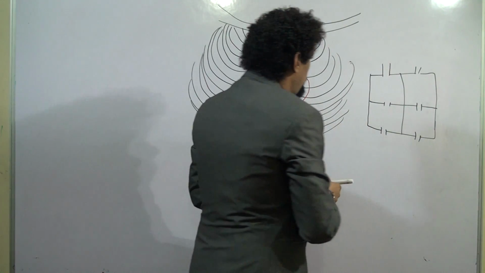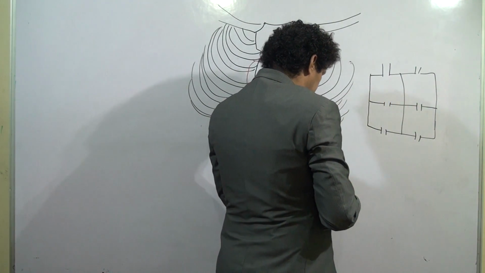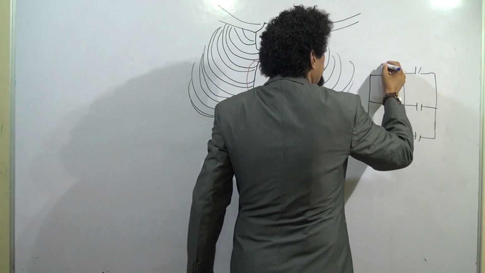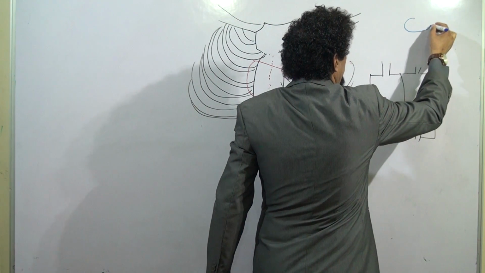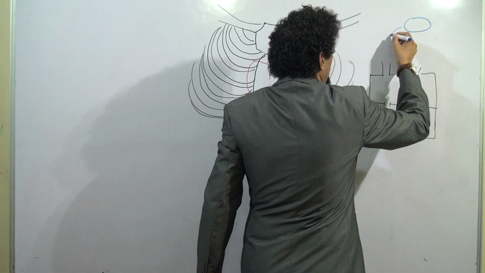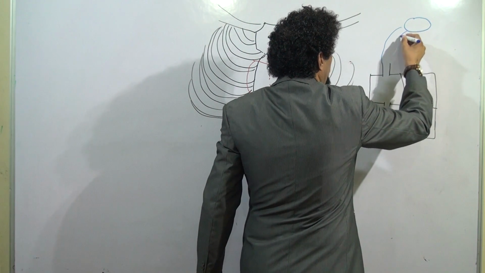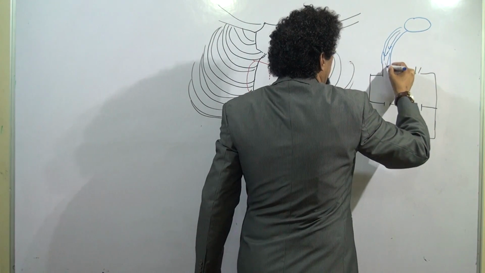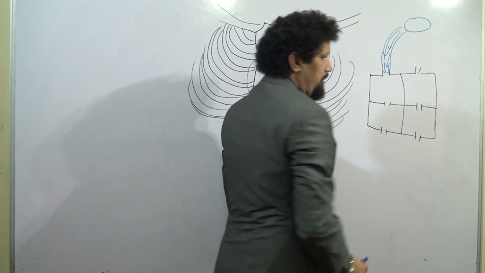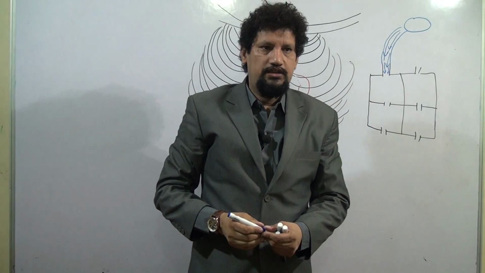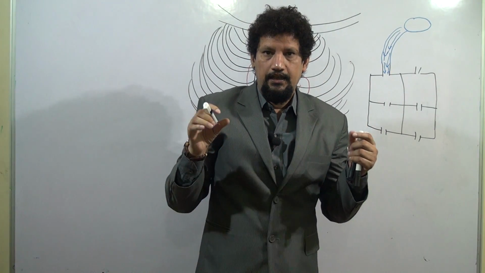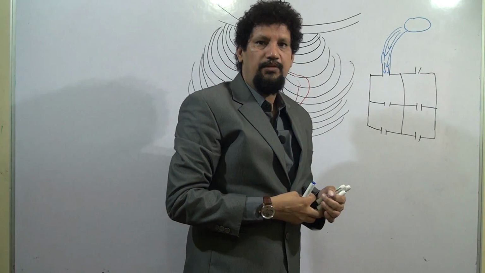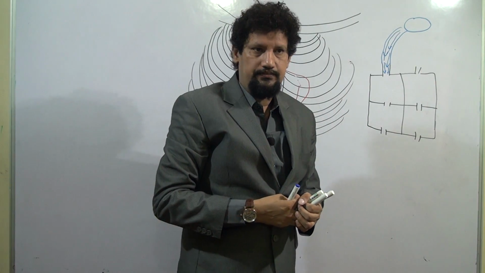So this right atrium is receiving the deoxygenated blood. This is the body tissue, deoxygenated blood is coming in the right atrium. Deoxygenated blood means the concentration of oxygen is low, but not without oxygen.